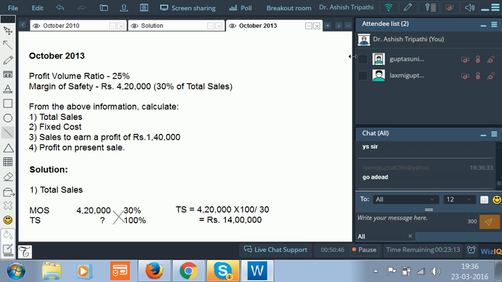So let us take another question of Mumbai University.